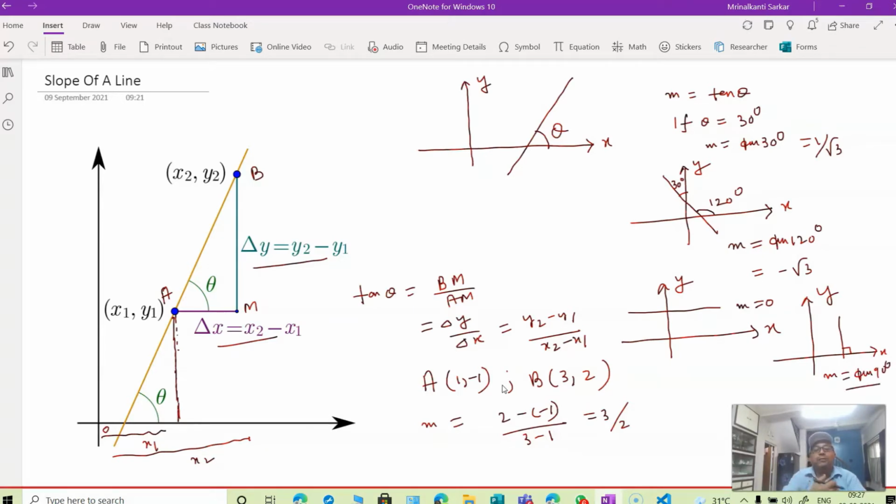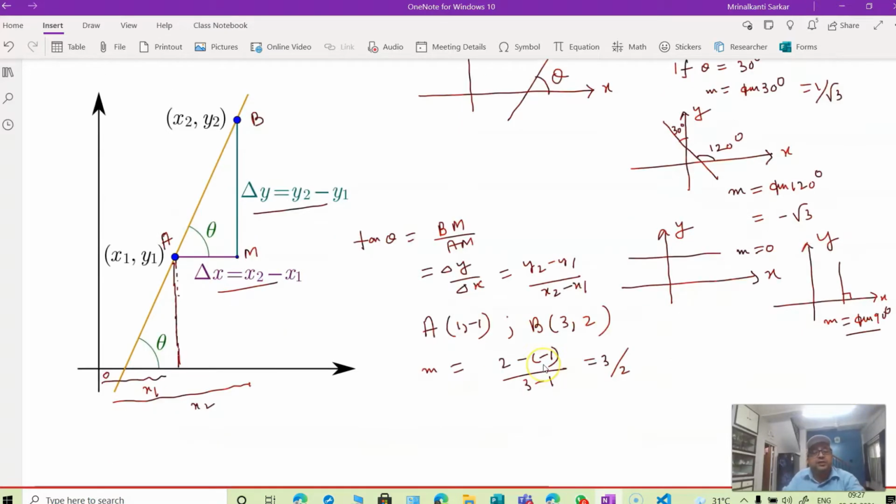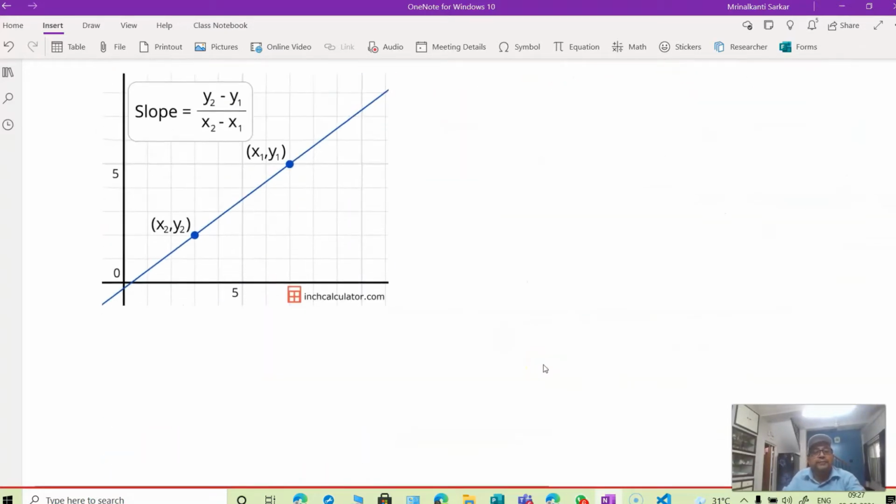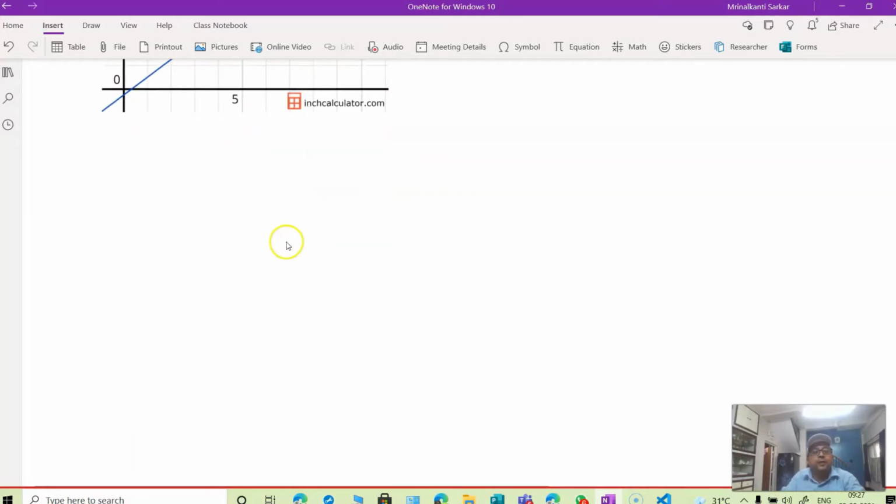Okay? 1 by 0 you can't say, this is infinite. If the line is parallel to the x-axis, slope is 0. So slope of the line, this formula we have learned, y2 minus y1 divided by x2 minus x1.